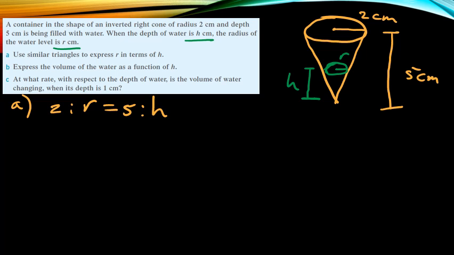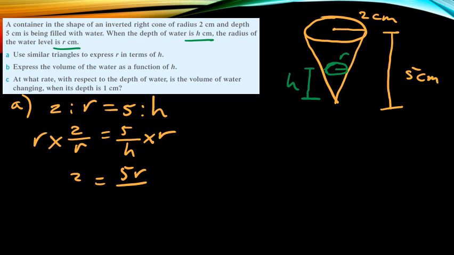Then from here, how can we solve this? Anyone? Alright, you're not in year 9, so I'm going to show you the fraction way. 2 over r is equal to 5 over h. Then we want r in terms of h. So let's make it so that r's on the top. Times it by r. 2 equals 5r over h.